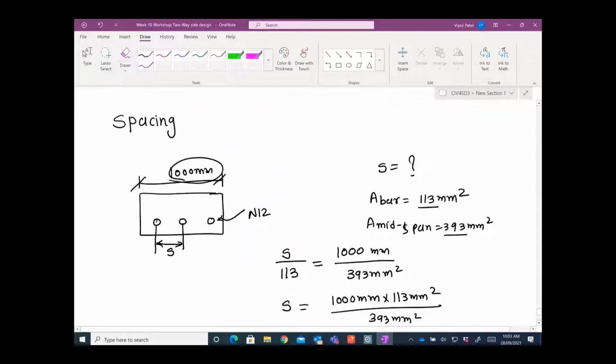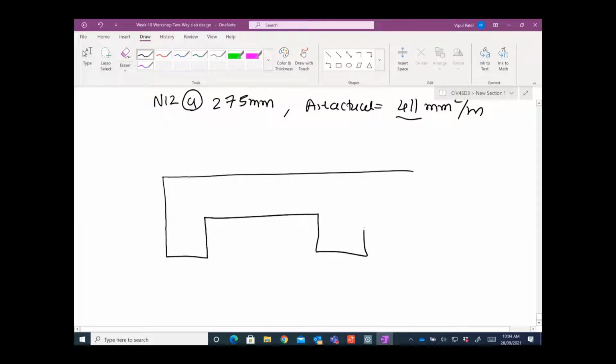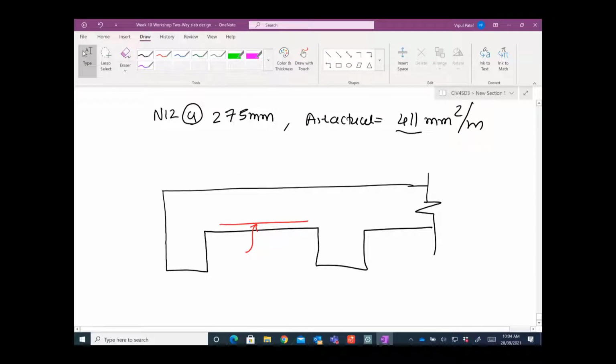So what we do, let's redraw this figure again, and let's provide here an N12 bar at the rate of 275 millimeter of the bars.